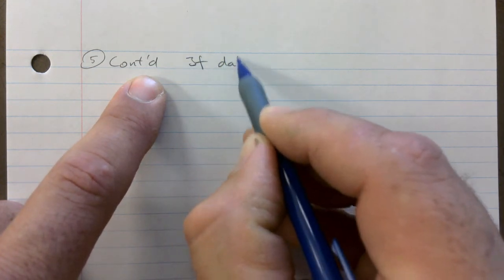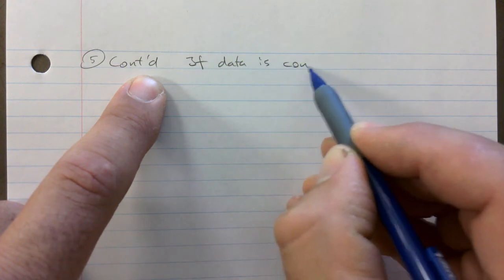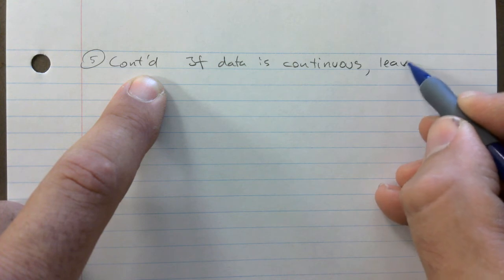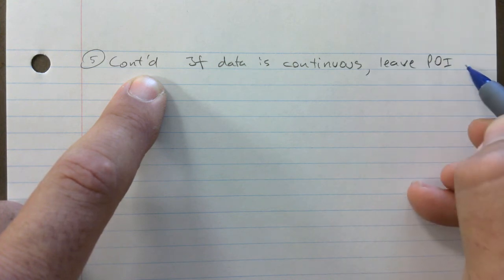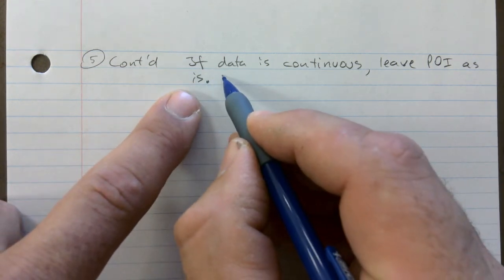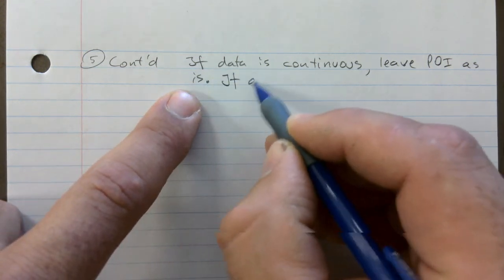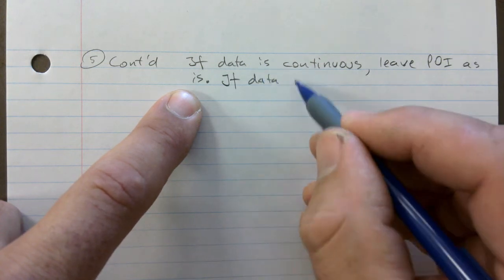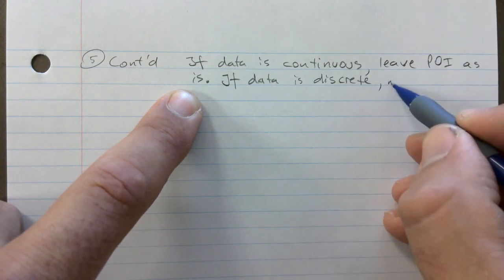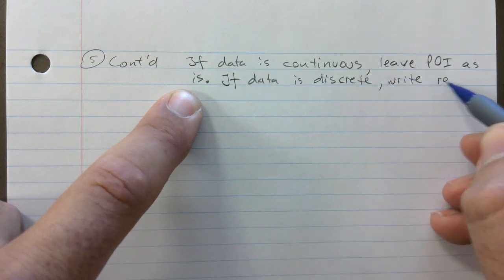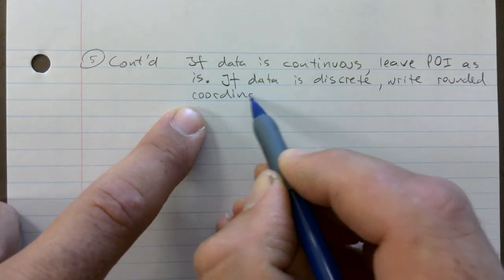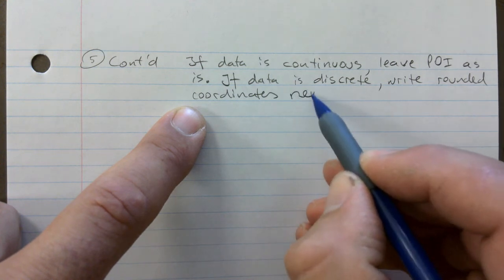If data is continuous, leave POI as is. Right? If data is discrete, write rounded coordinates next to it.